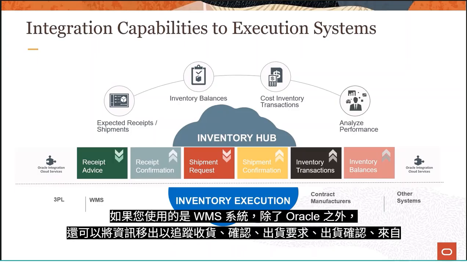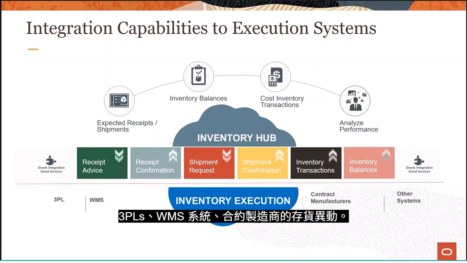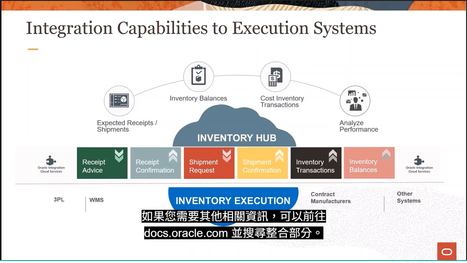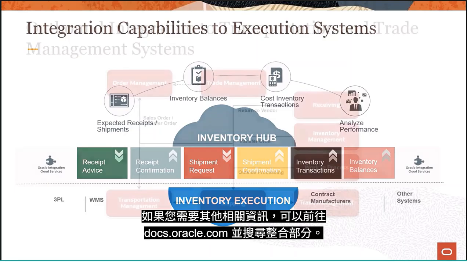If you're using a WMS system besides Oracle's, you can port the information out to track the receipts, confirmations, shipping requests, shipping confirms, inventory transactions from the 3PLs, a WMS system, contract manufacturer. And if you need additional information on that, you can go out to docs.oracle.com and search the integration piece.